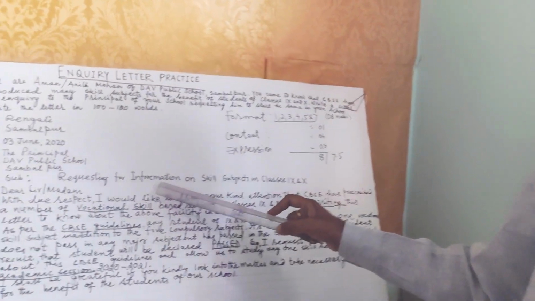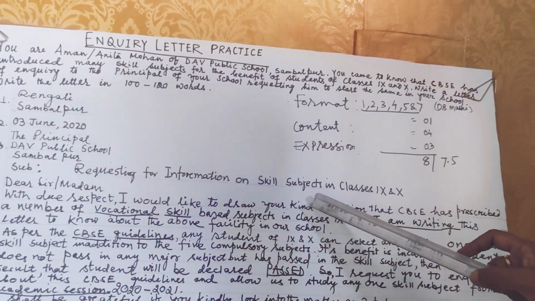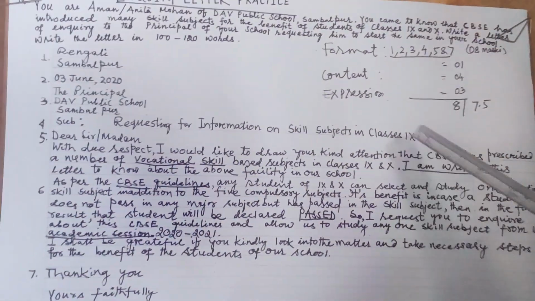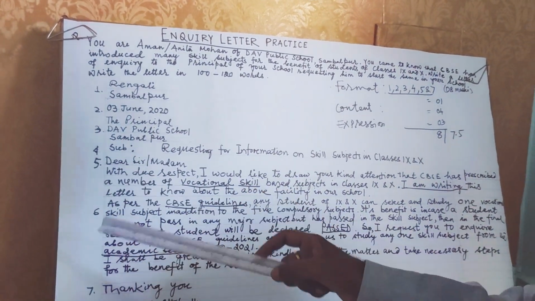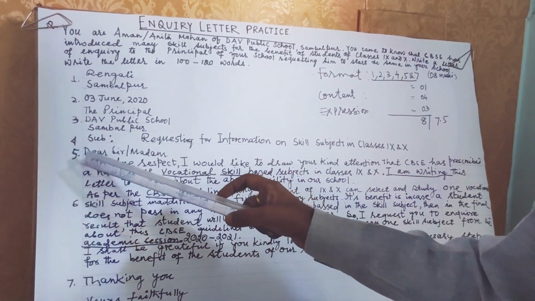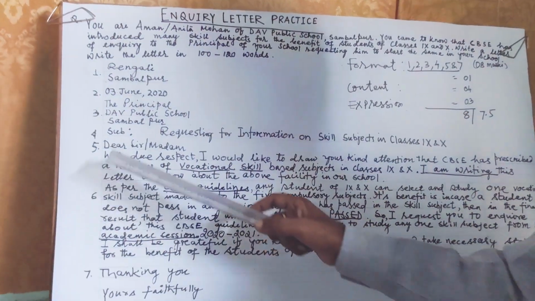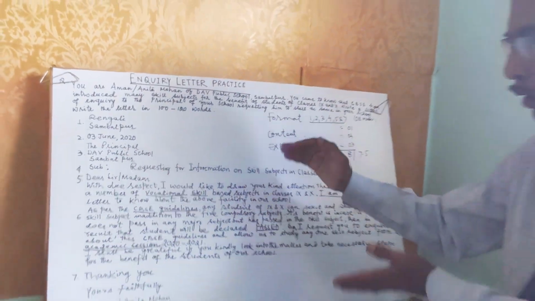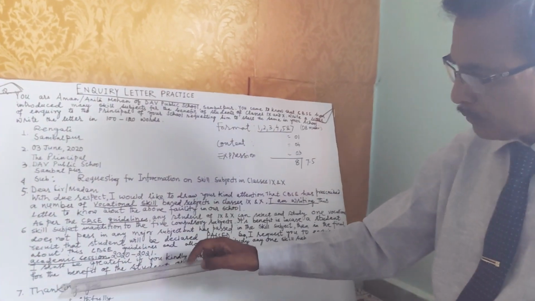Requesting for information on skill subjects in classes 9th and 10th. Thereafter, if you remember in the layout, we had a salutation. Here we find, Dear sir or ma'am. Now, for point 6, I had said we find a larger space, a bigger space. The same thing we see here, from here to here.